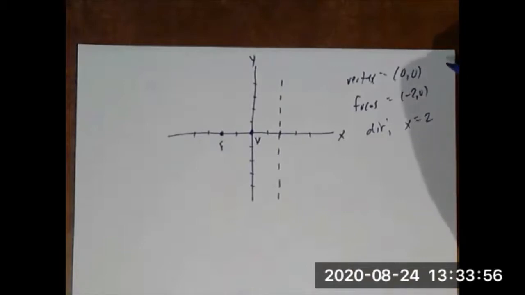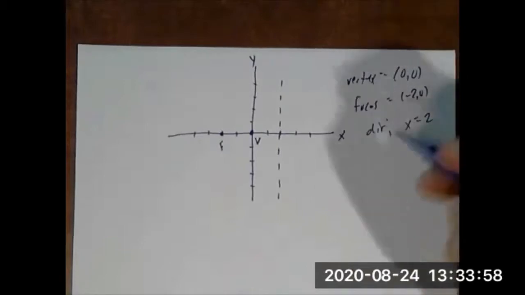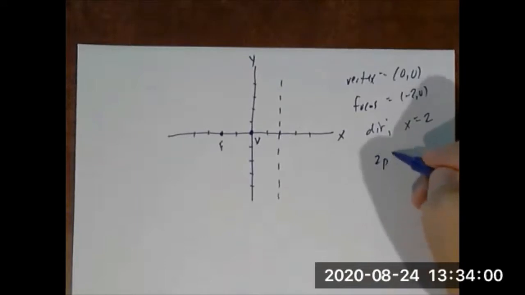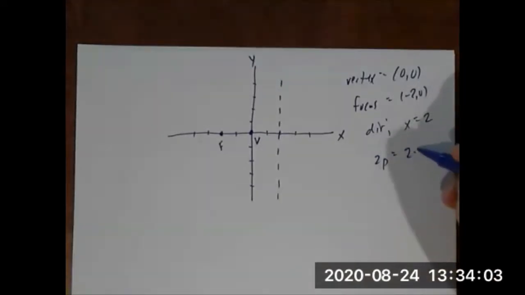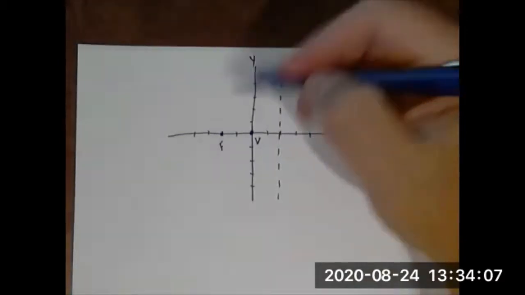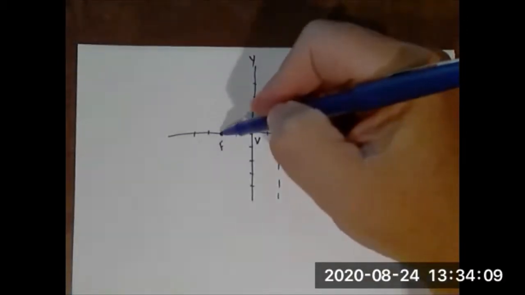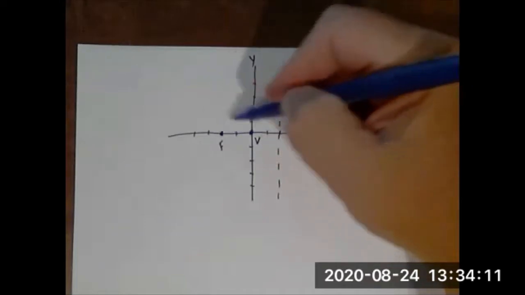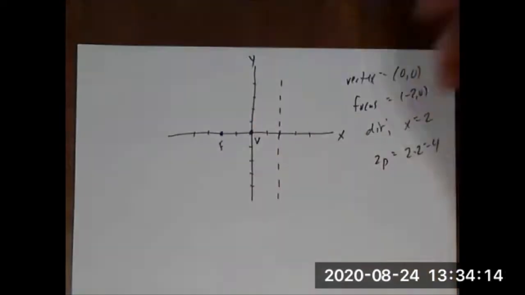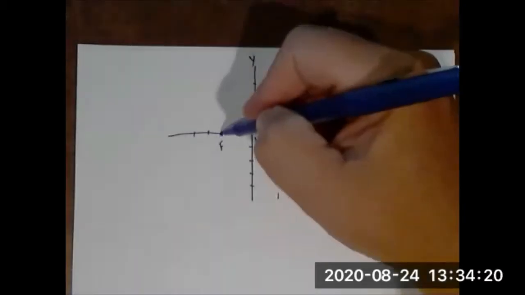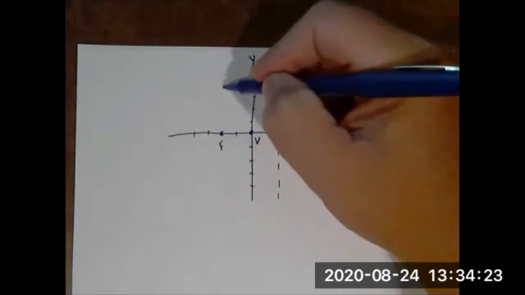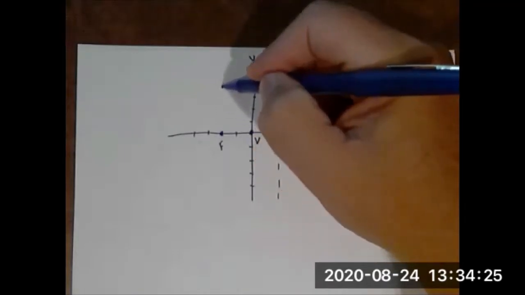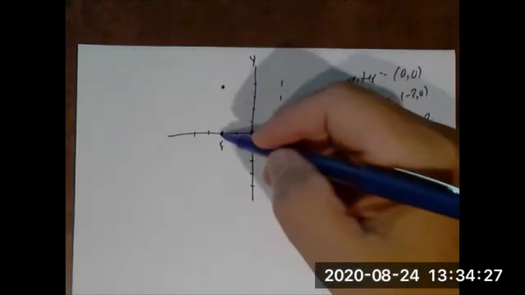Now, the last step is just to graph it, and to graph it, you always just figure out 2p. Since p is 2, 2p is 4, and once again, you go to your focus, and in this case, I'm going to move 4 up and 4 down, and that's going to give me 2 points on my parabola, which helps me to graph it. So if I'm right here at the focus, and I move up 4, that's going to be a point on my parabola.